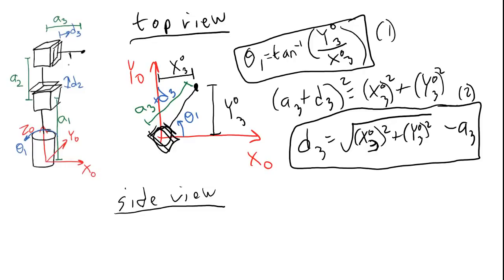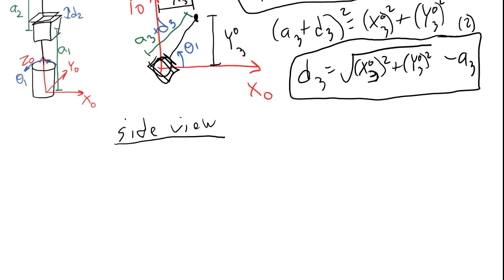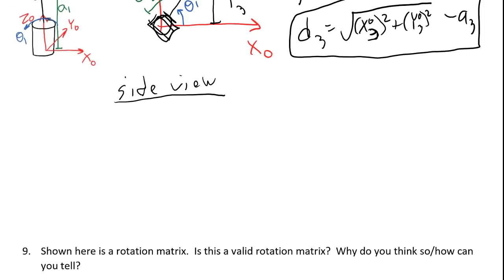I'm looking from out of the page perpendicular to that link. And keep in mind that theta 1 might be rotated to any angle. So in my side view, the only axis I can rely on here is Z0. X0 and Y0 might be pointed in any direction depending upon what the angle of theta 1 is.